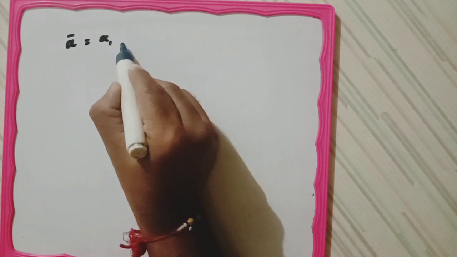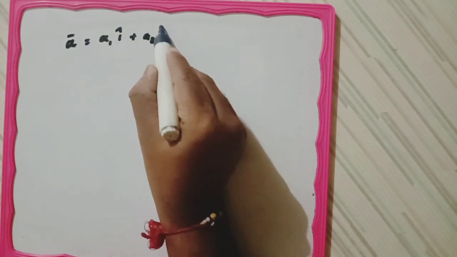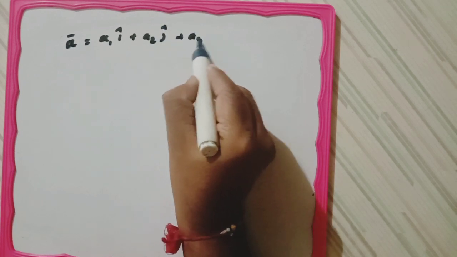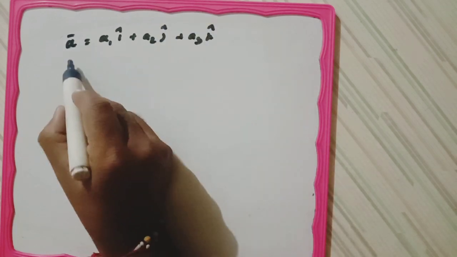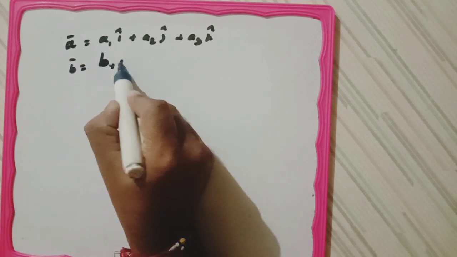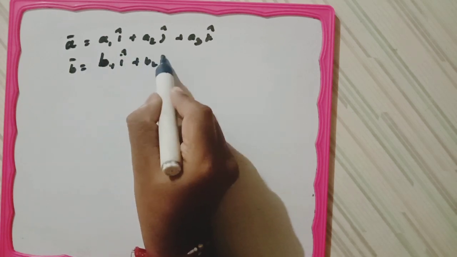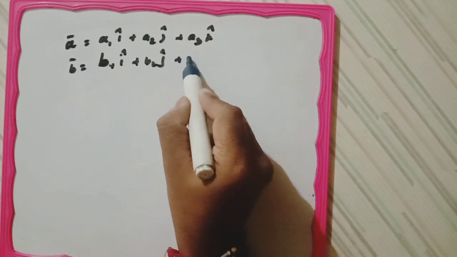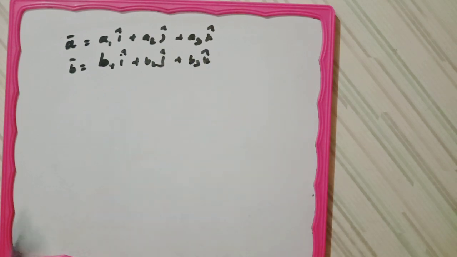Now a bar is any vector a1 i cap plus a2 j cap plus a3 k cap, and b bar is any vector b1 i cap plus b2 j cap plus b3 k cap.